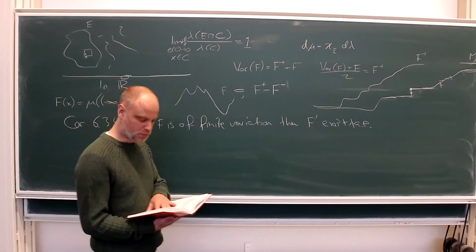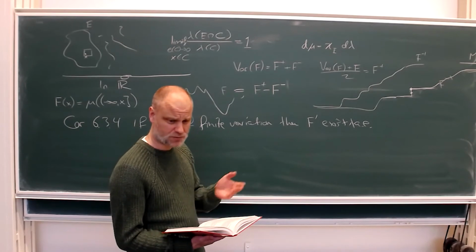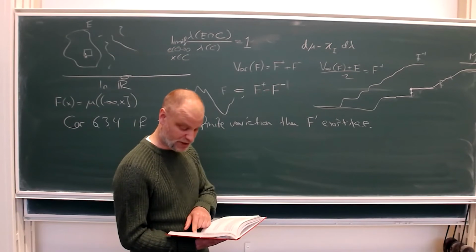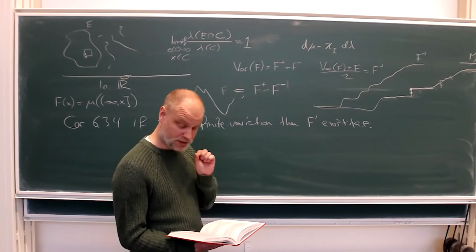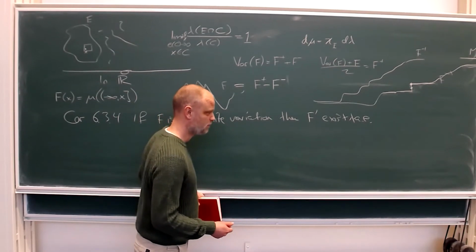All right, and then there's a Proposition 6.3.5 by Fubini. I don't know how interesting it is. It looks like some sort of Fatou-Levi for derivatives. I'm going to skip that one and go directly to 6.3.6, which is the Rolls-Royce version of the fundamental theorem of calculus.